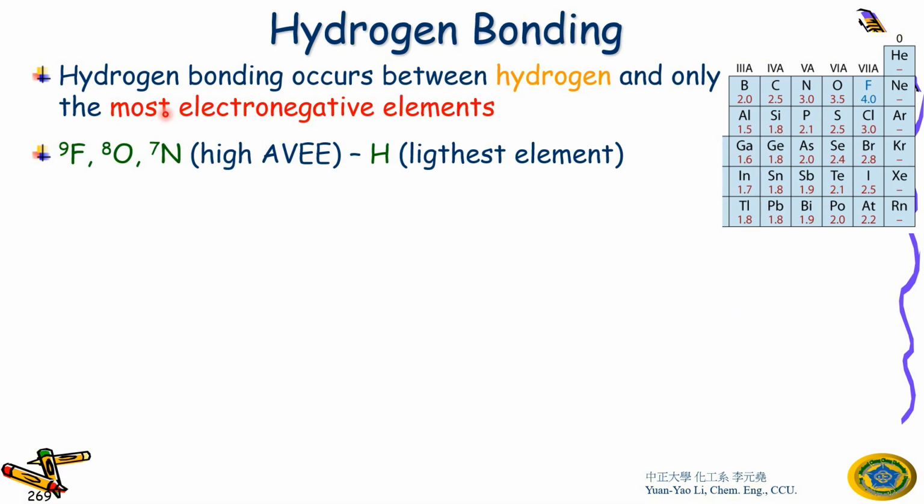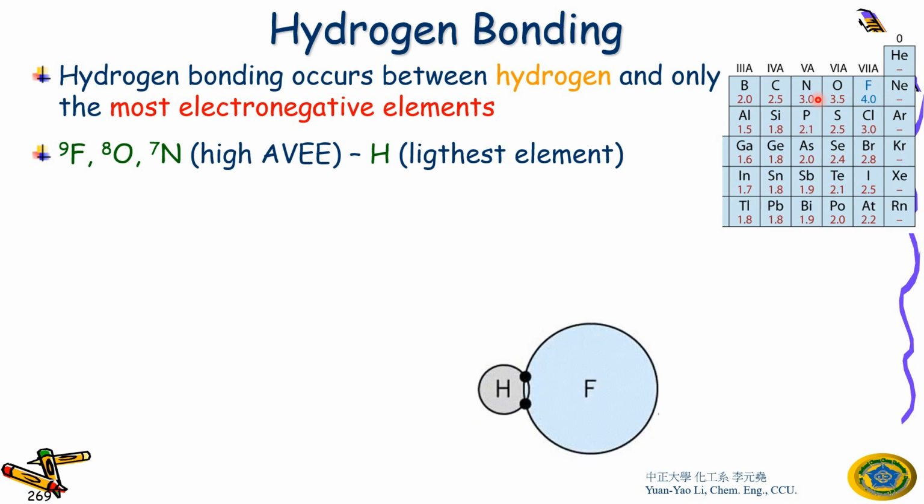The most electronegative elements have a very high AVEE. AVEE, I hope you still remember, stands for average valence electron energy, right? So again, it's somewhere around here. We're talking about fluorine, oxygen, and nitrogen.